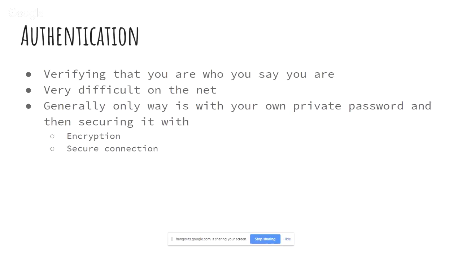Authentication is just verifying that you are you. Now obviously it's very difficult on the internet. As I was saying, with cell phones you can use fingerprint, so that is probably the best, and most banking apps allow for that.